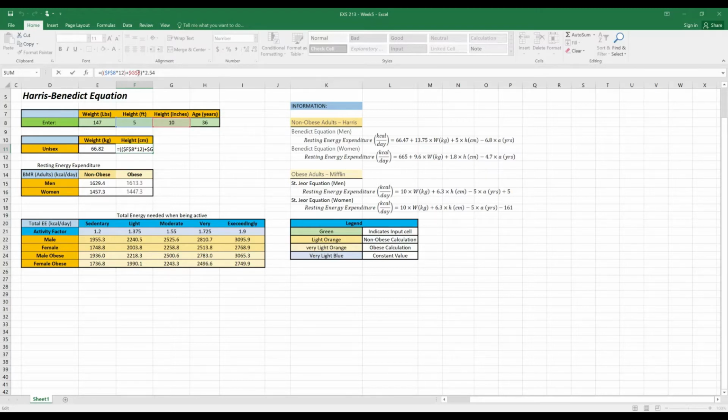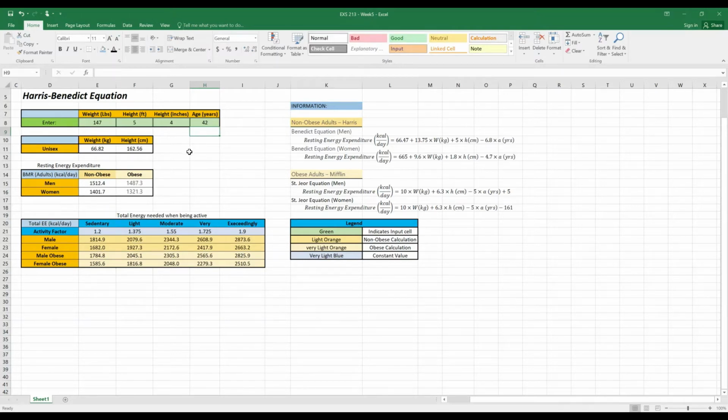They're added together and then multiplied by 2.54, which converts it into centimeters. In our example, the female is 5 feet 4 inches, so the height changes. Then she's 42 years old.